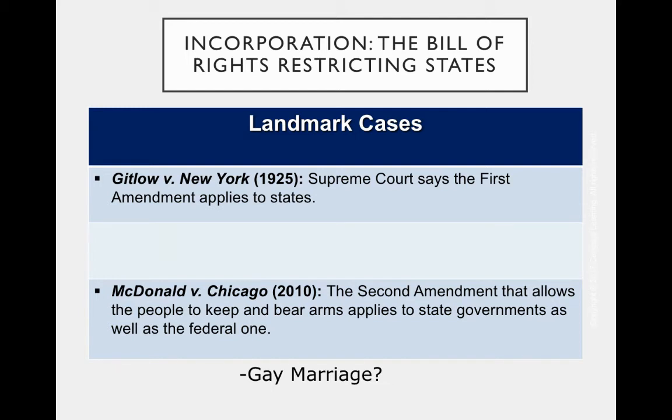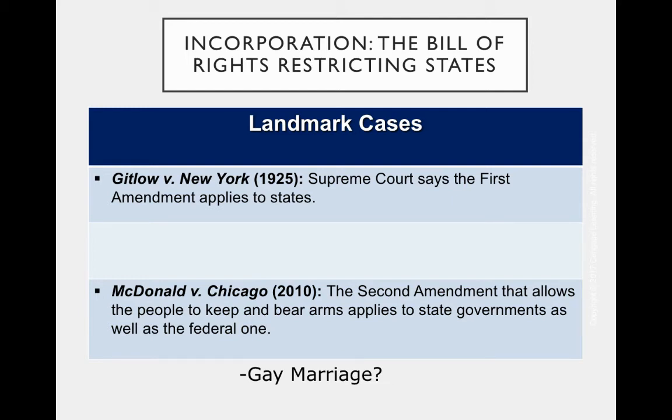And a man named Heller tried that, and then eventually this rolled into another court case, McDonald versus Chicago, where the city of Chicago tried to prevent people from selling and buying weapons in the area of Chicago. And the Supreme Court took on that case and basically said that the Second Amendment applies not only at the federal level, but also at the state level. So Chicago could not prevent you from buying and owning a weapon.